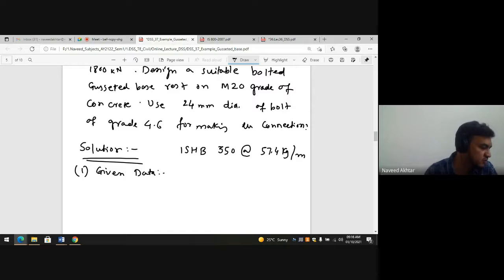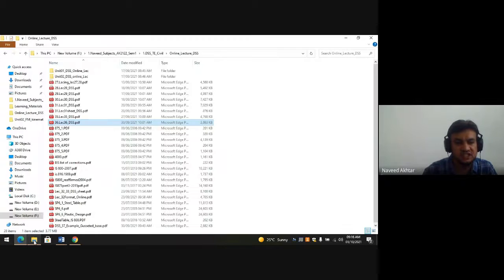So this column is given. The column depth is nothing but 350 mm. Okay. So from the steel table, IS 808 reaffirmed at 2004.